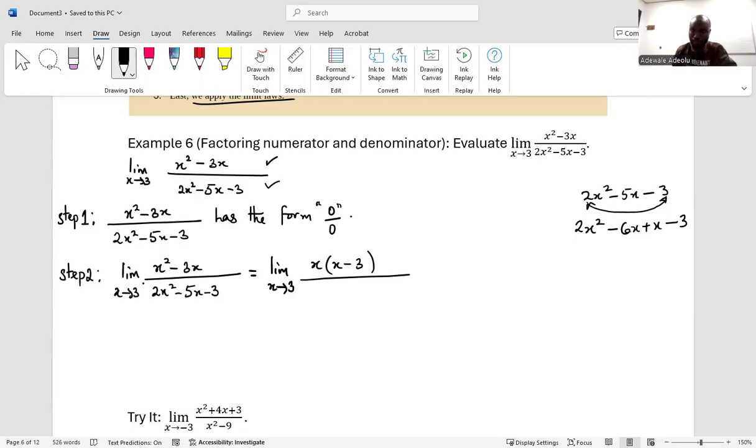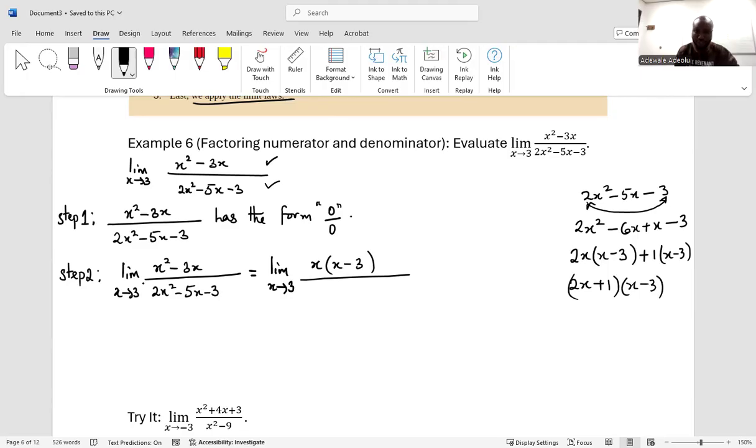So this is 2x into x minus 3 plus 1 into x minus 3. And we have 2x plus 1, and we have x minus 3.